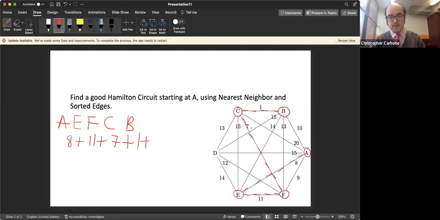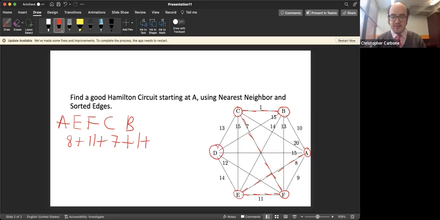And then from B, the smallest that we could go to technically is 10, but because we didn't list every vertex in the circuit, we can't just go back to A just yet. We're kind of forced into going over to D now.